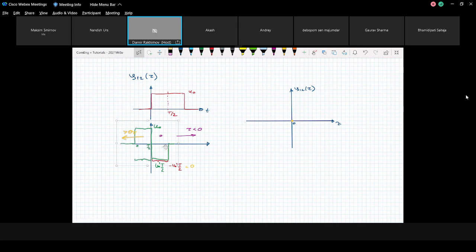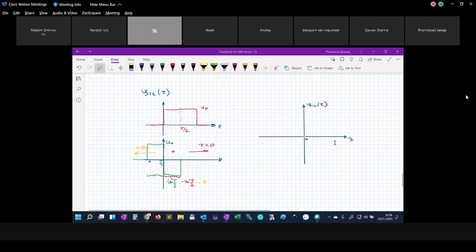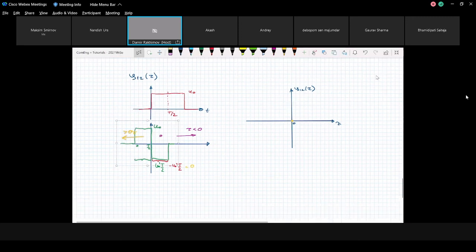No, not exactly. It's not 0, it's not correct. We shifted by T/2. Yes, minus U0 squared by T/2 times T/2.